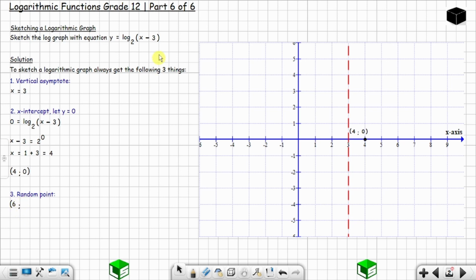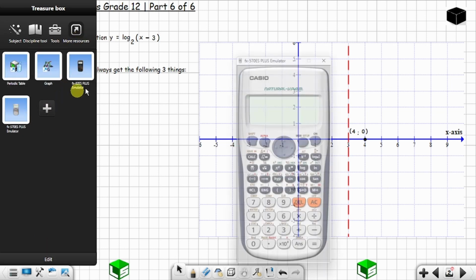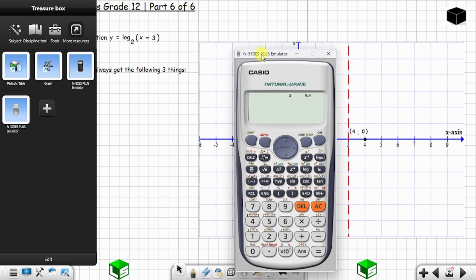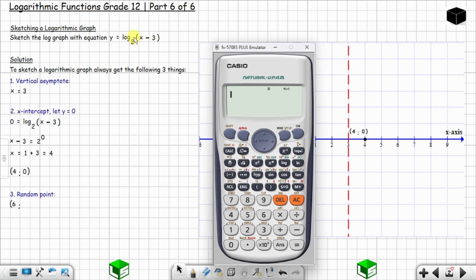I'm going to plug 6 in there to get the y value. Let me use a calculator. I have log of x minus 3, base 2. So the base is 2, and in brackets I have x minus 3.